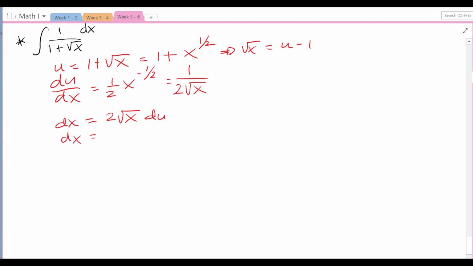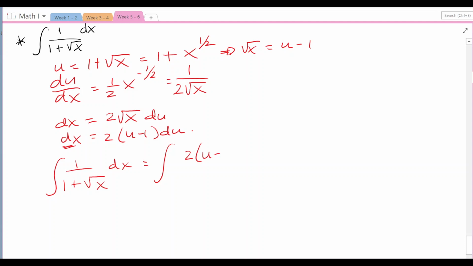So dx equals 2 square root of x, which becomes 2 times u minus 1 du. Okay, so now we are ready to replace all the x in the equation. The integral of 1 over 1 plus square root of x dx equals the integral, where dx is 2 times u minus 1 du, over the denominator 1 plus square root of x, which is equivalent to u.